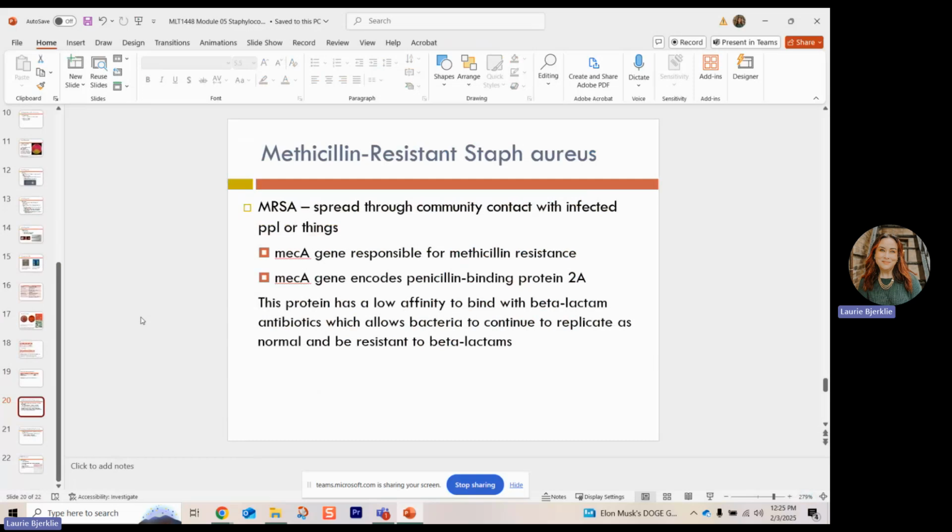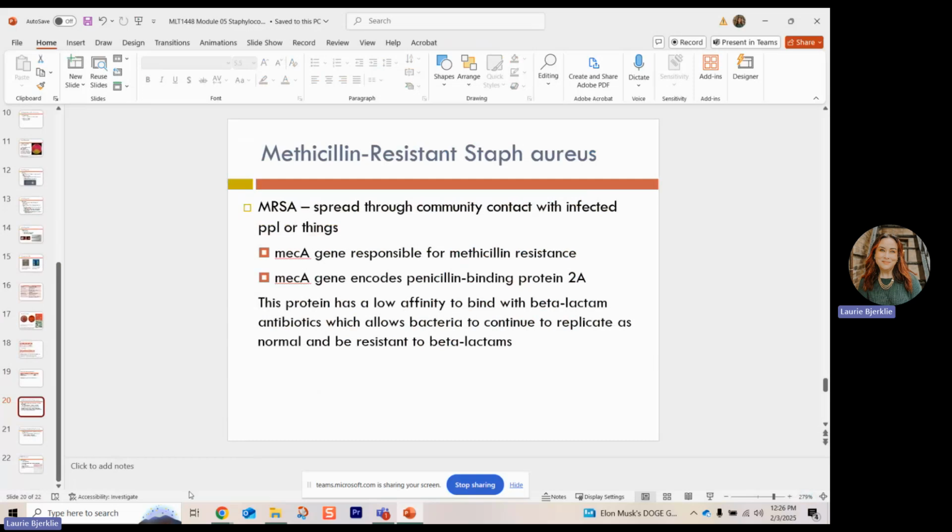So we do test for MRSA in the lab, and commonly now it's done through molecular testing, which can test genes. In that molecular testing, they are looking for this mecA gene. And if the mecA gene is positive, it says yes, you have an MRSA strain of Staph aureus, a drug-resistant strain.